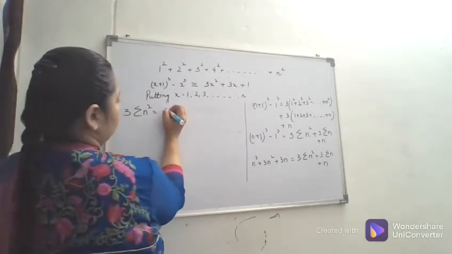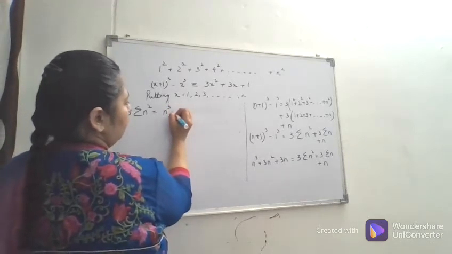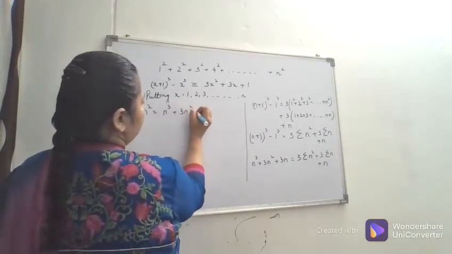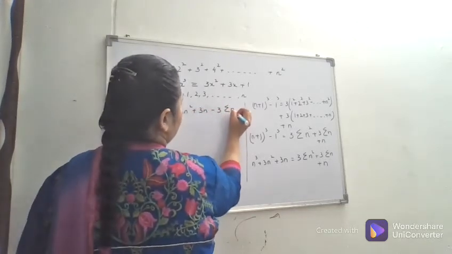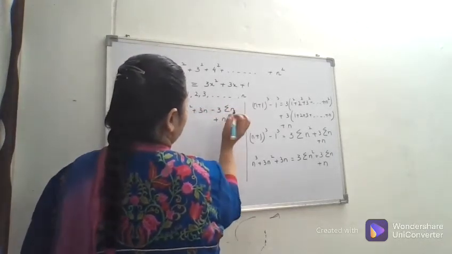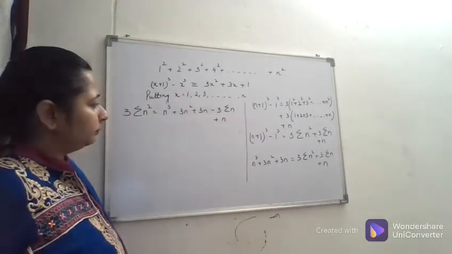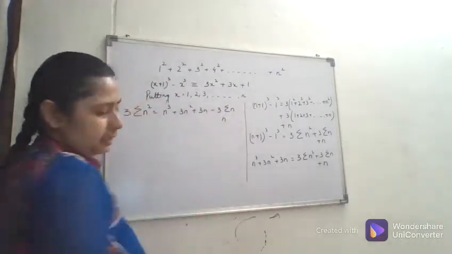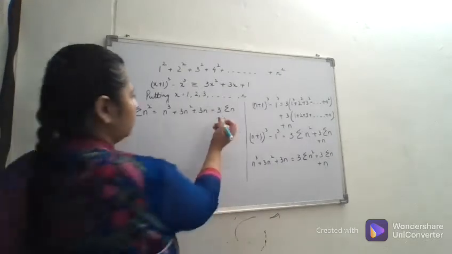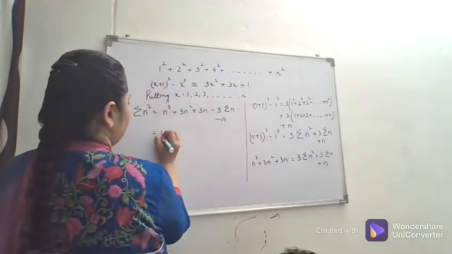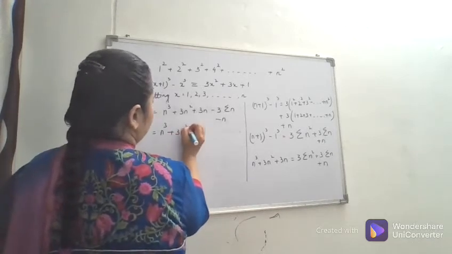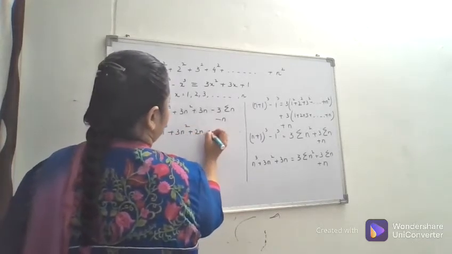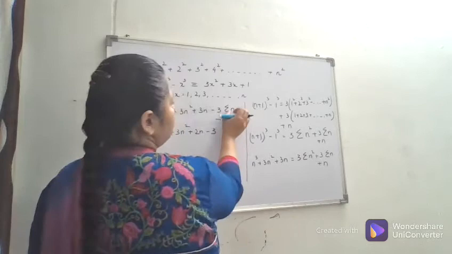Taking to the other side, we get n cube plus 3n square plus 3n minus 3 sigma n, minus n, because we are taking it to the other side. Now this comes out to be n cube plus 3n square plus 2n minus 3 sigma n.